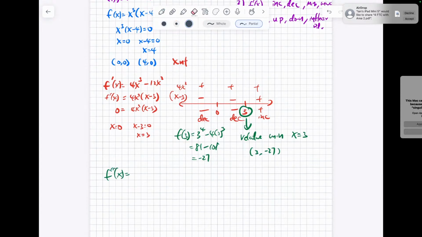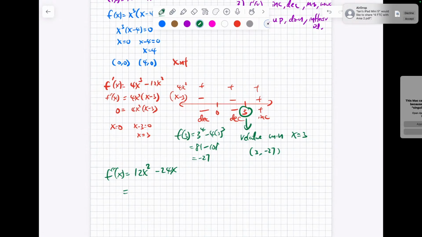Second derivative. Fairly easy. This is like easy algebra 1, I think. I swear, the power rule is easier than algebra 1. So if I factor out 12x, that's going to be x minus 2.